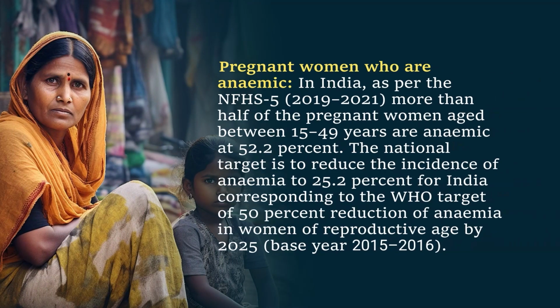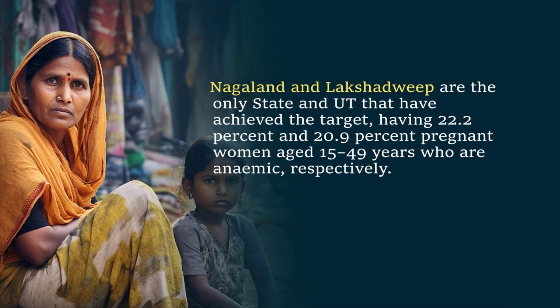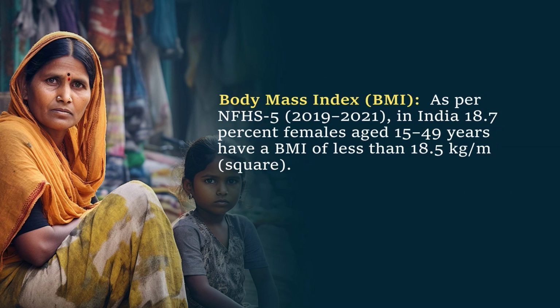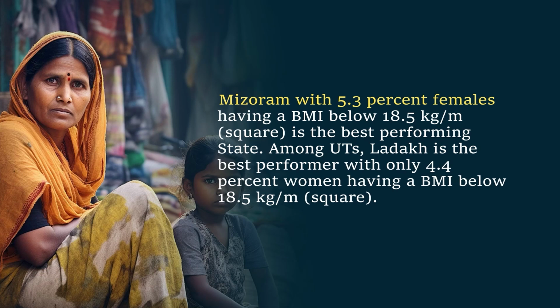And when you talk about pregnant women who are anemic, the national target is to reduce the incidence of anemia to 25.2%. For India, Nagaland and Lakshadweep are the only state and union territory that have achieved the target, with 22.2% and 20.9% of pregnant women aged 15 to 49 years who are anemic, respectively. When we talk about body mass index, Mizoram, with 5.3% of females having a BMI below 18.5 kg per square meter, is the best performing state.